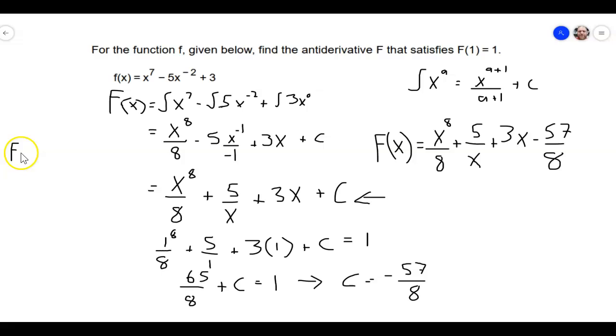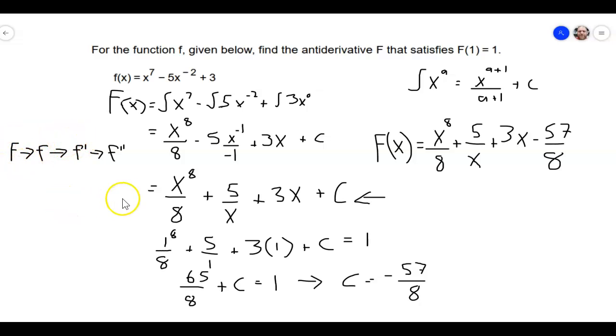You go from big F down to little f, down to single prime, and then double prime, and you can just keep going. If you start here, this would be your first derivative, that would be your second derivative, that would be your third derivative, and if you're going back, these would be antiderivatives. So use this as your basis.